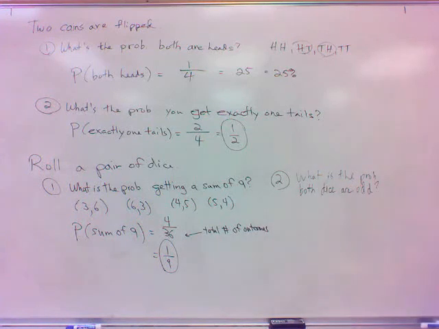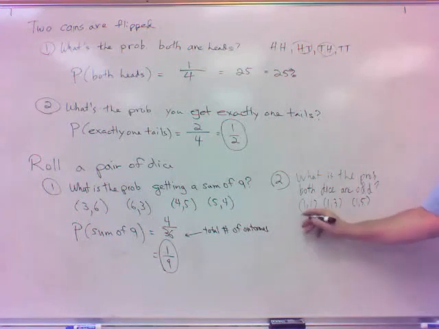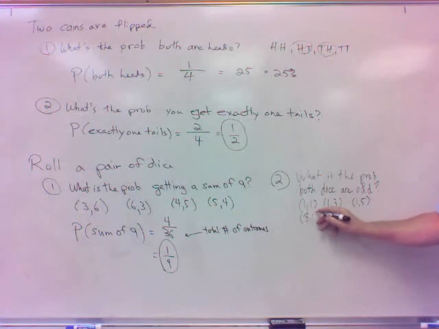What is the probability both dice are odd? Well, we could have 1, 1. That would be odd, right? Then we'd have 1, 3. What else? 1, 5. What about 3, 1, 3, 3, 3, 5?